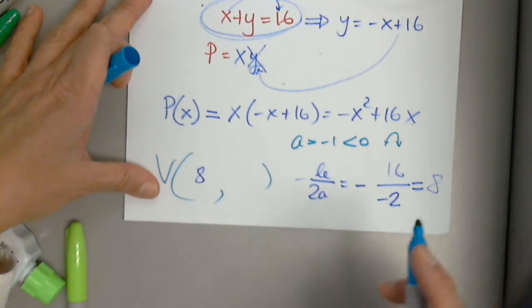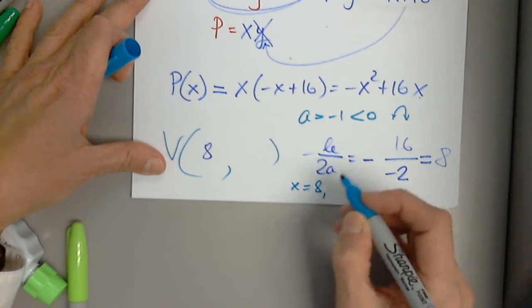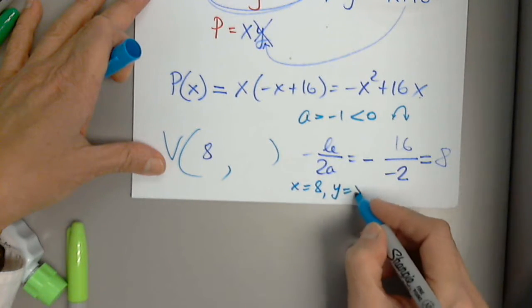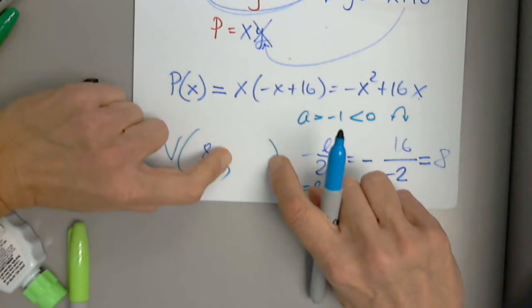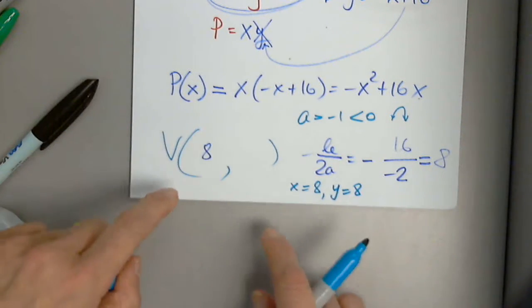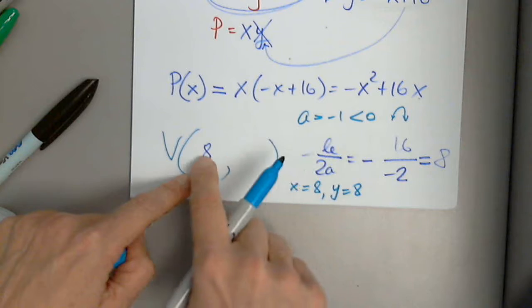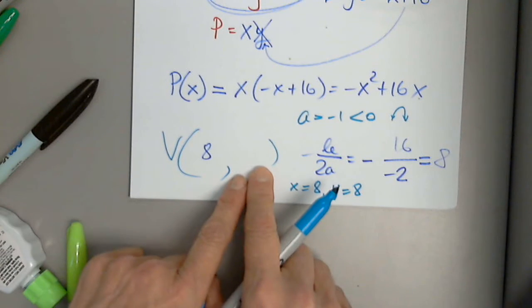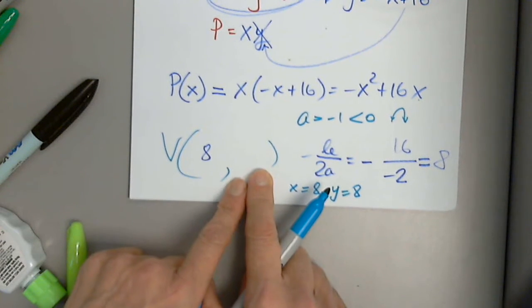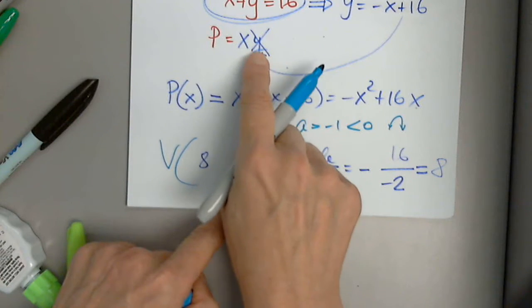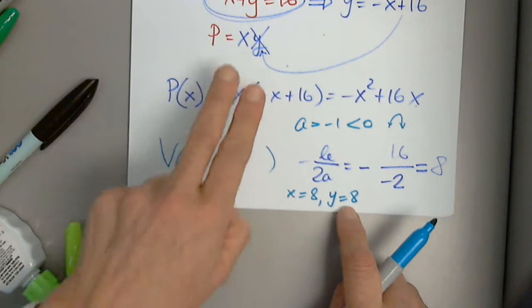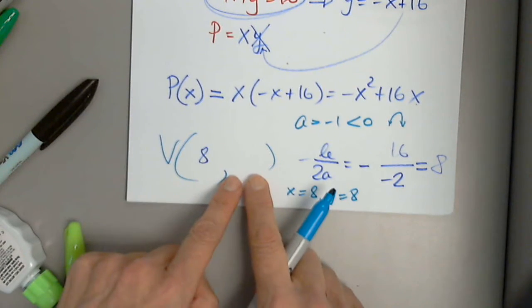Totally different thing. So if x equals 8, from here we know that y equals 8, and this must be the product. Or you can say, okay, I would like to replace 8 in here to find the y coordinate, which is fine. But remember, the product is x times y. If I have x and if I have y, what will be the product?